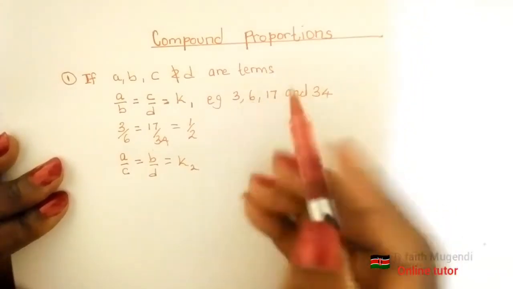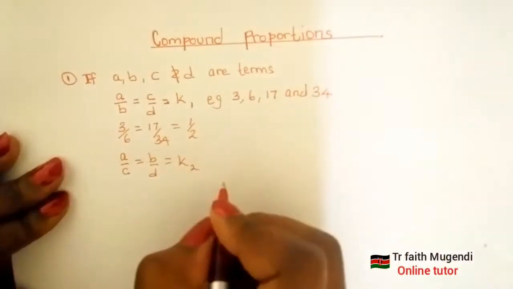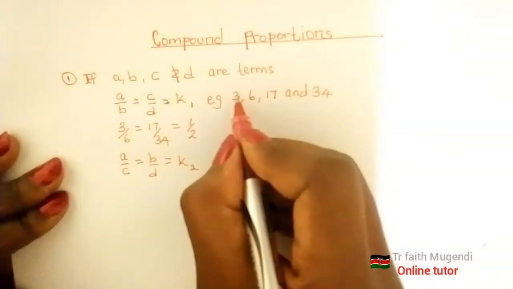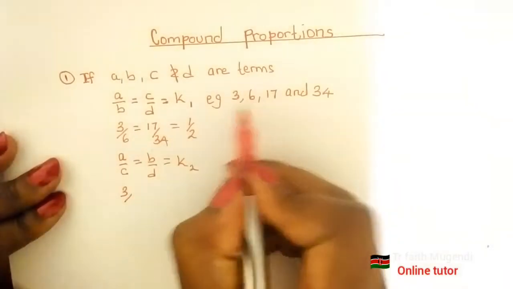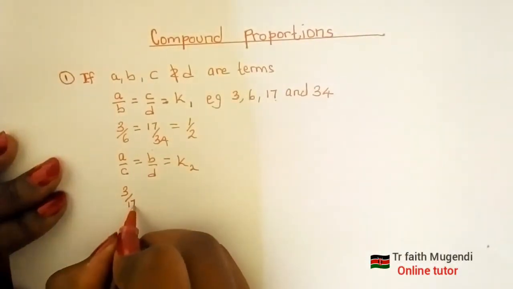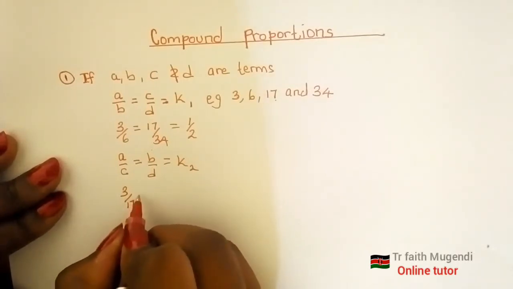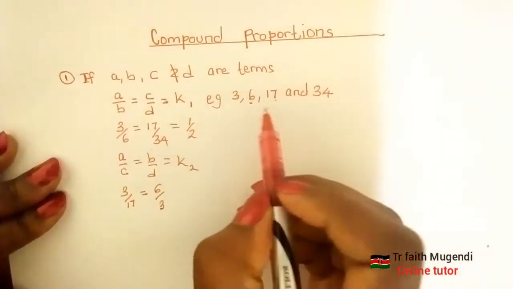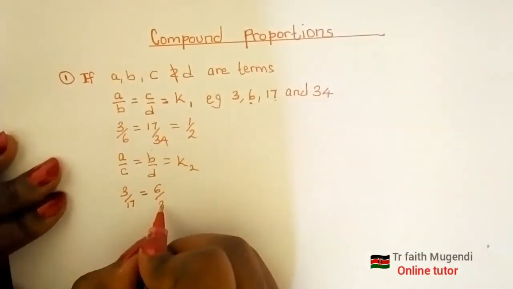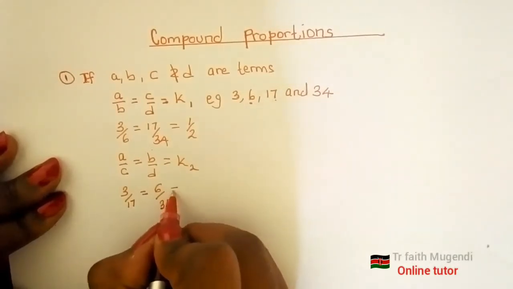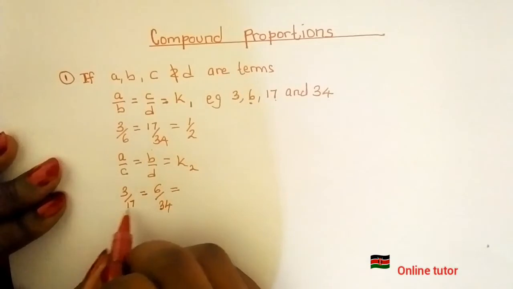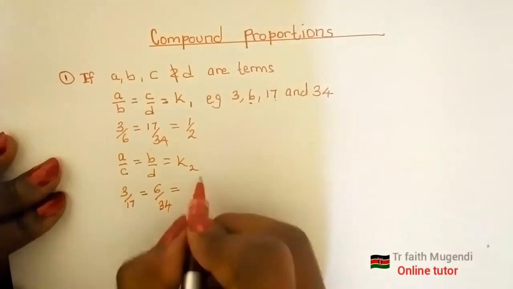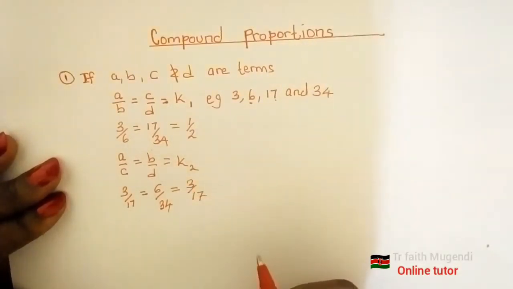If we use our examples, 3, 6, 17, and 34, to represent A, B, C, and D, then A over C is 3 over 17, and B over D is 6 over 34, which is K2. If you simplify by 2, you are going to get 3 over 17.